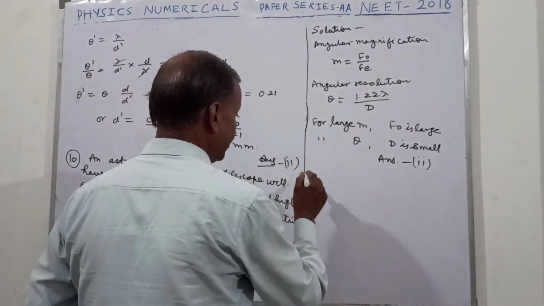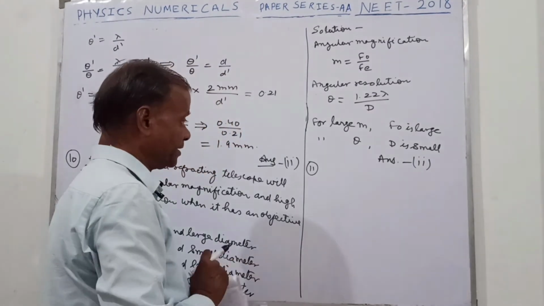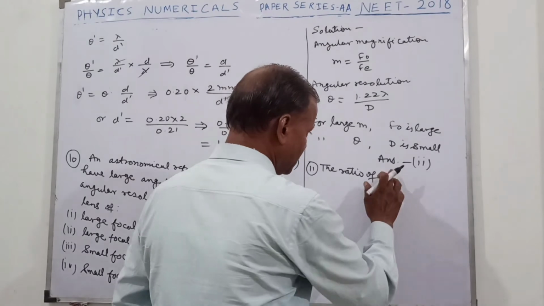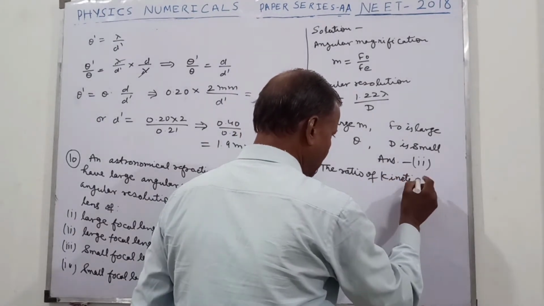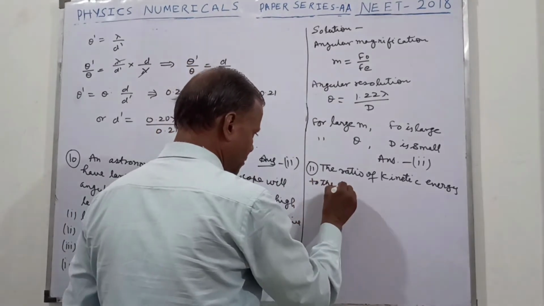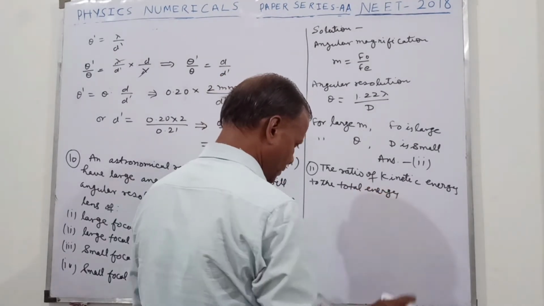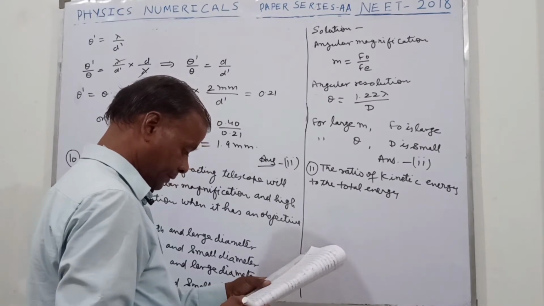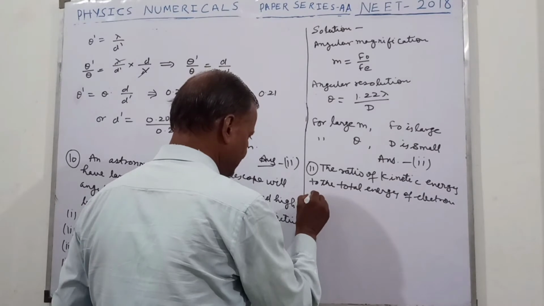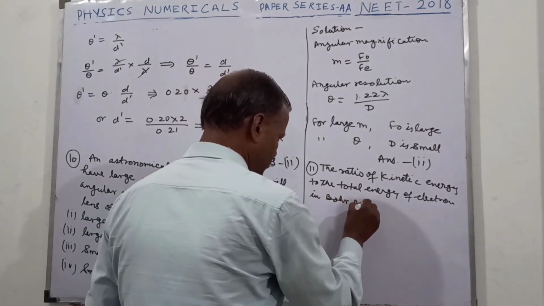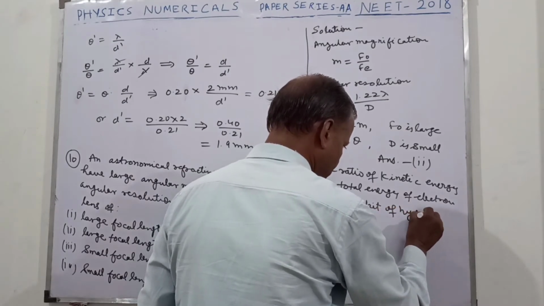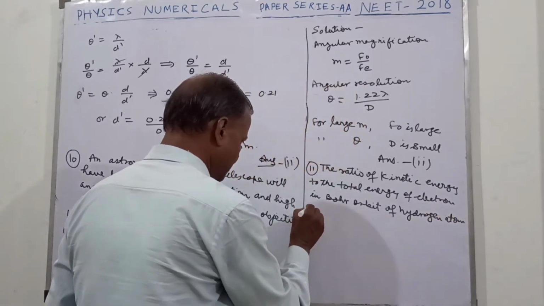Now I have question number 11. The ratio of kinetic energy to the total energy of an electron in Bohr orbit of hydrogen atom is.